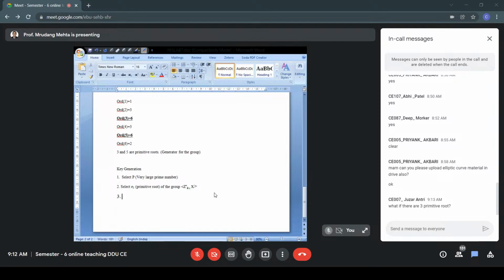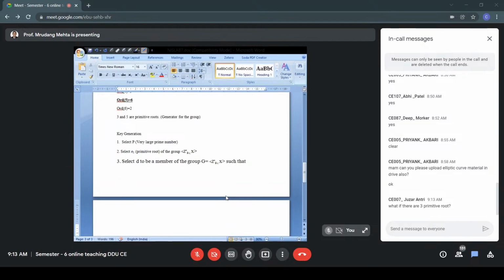The third step is select D to be a member of the group. From the same group, select a member such that it should be 1 ≤ D ≤ P minus 2.